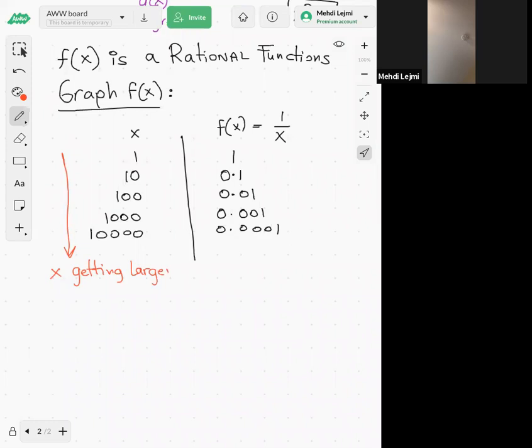Infinity is not a number, but you can think of infinity as a very, very large number, like 1 billion or something.